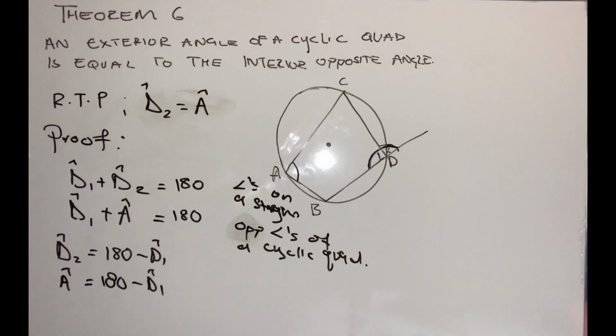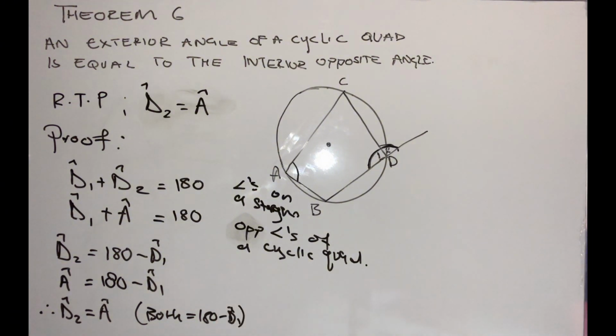Therefore, you can conclude that angle D2 is equal to angle A. They are both equal to 180 minus angle D1.